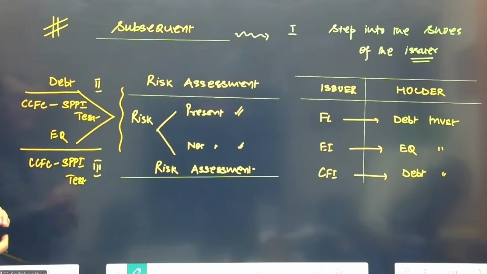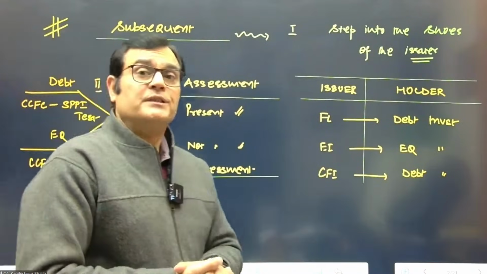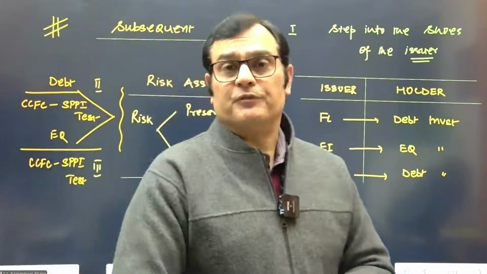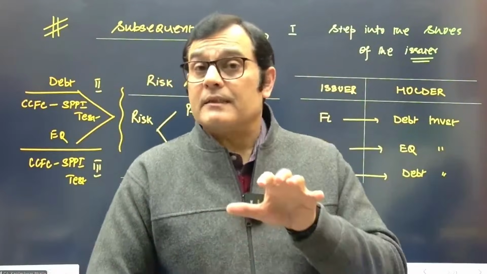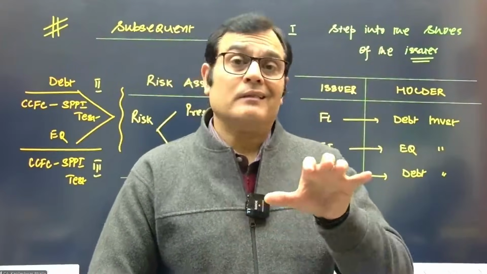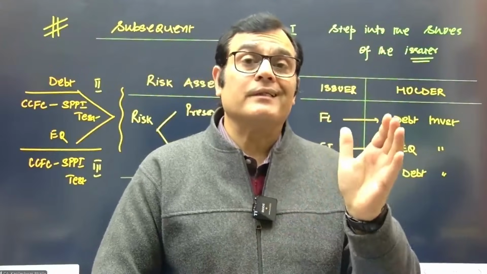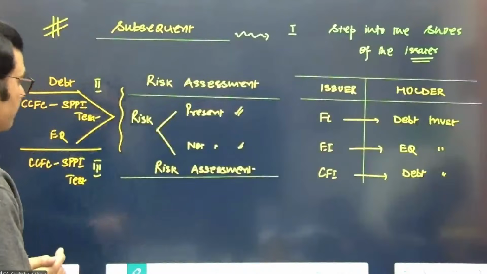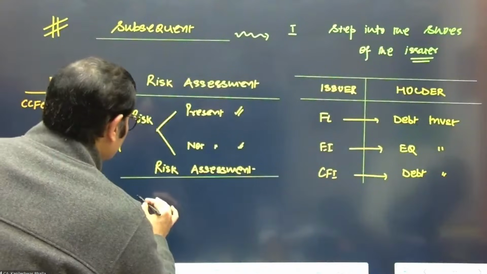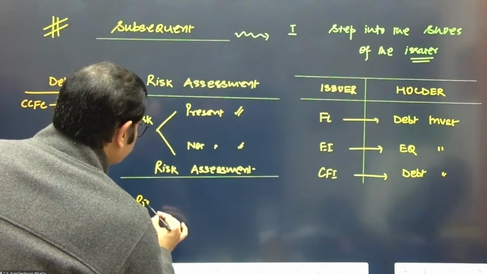So in step number 2, when you're evaluating the presence or the absence of a risk, we've got a common test for debt and equity. Step 2 only focuses on the assessment of whether the risk is there or not. Then we go to step number 3, where you have to reconfirm.